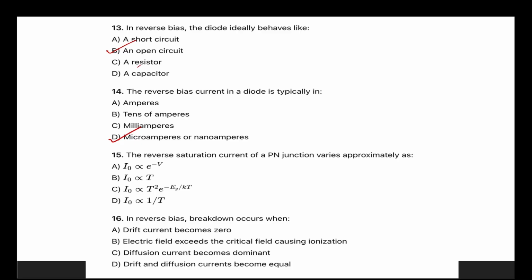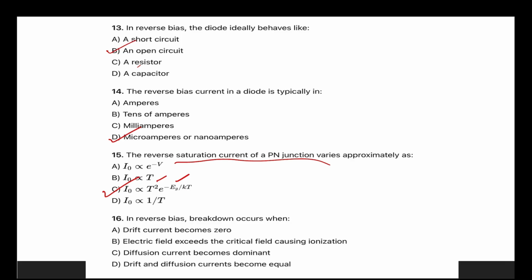Option D, I0 is proportional to 1 by T. The reverse saturation current in a PN junction varies approximately as I0 proportional to T square into e raised to minus Eg by kT. That is, the reverse saturation current depends upon the temperature and also the band gap of the semiconductor material.